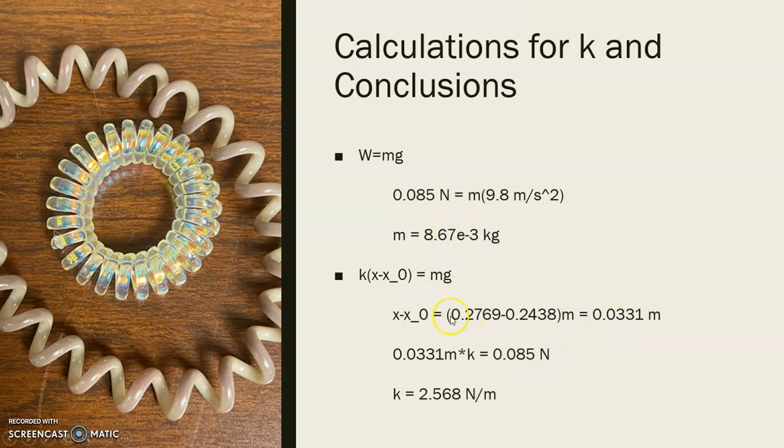Right here I found the stretch, so the relaxed length is right here and this is the stretched length. So this value times the spring constant equals the weight. So I just divided the weight by the stretch to give me 2.5 newtons per meter.